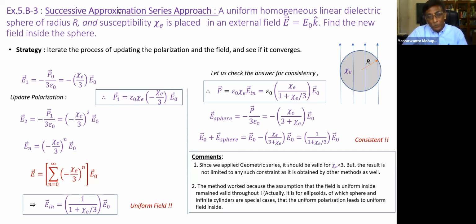With that, we have come to the end of the dielectric chapter, and you should now be able to work out all the problems given in the home assignment and the practice problem.